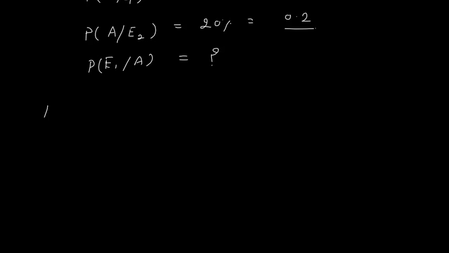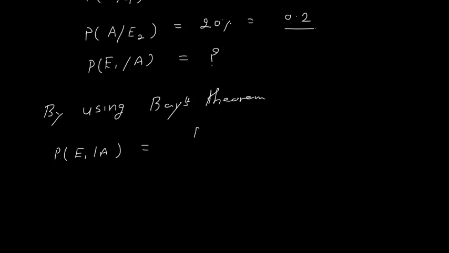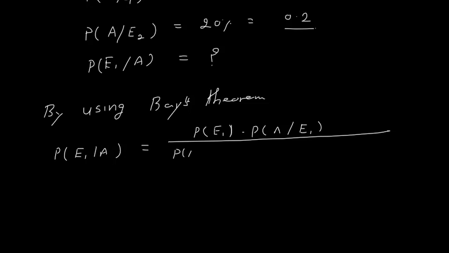By using Bayes theorem, we will say that the probability of E1 by A is equal to probability of E1 into probability of A by E1, whole divided by probability of E1 into probability of A by E1 plus probability of E2 into probability of A by E2.